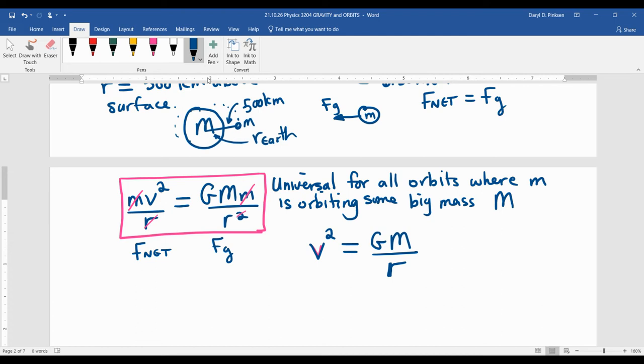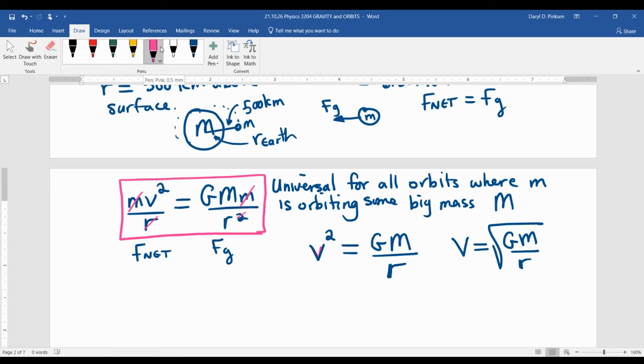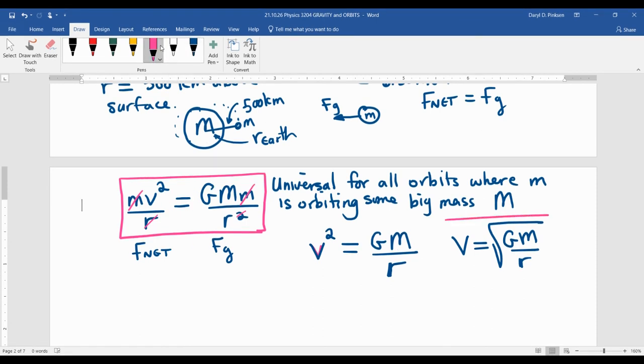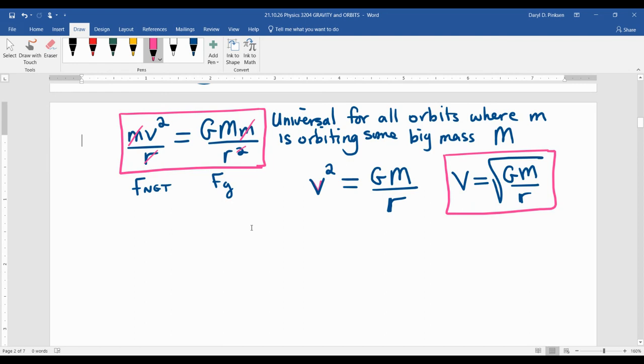And we can take that one step further and say that the orbital speed is equal to the square root of GM over r. And this is an equation that can be used to describe the motion of bodies in orbit around some other large satellite.